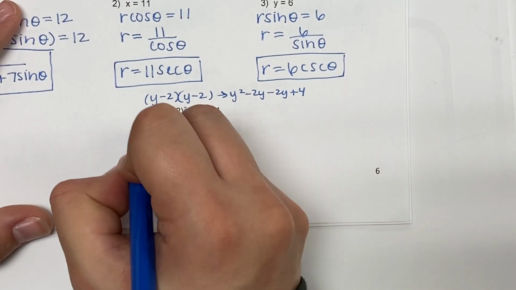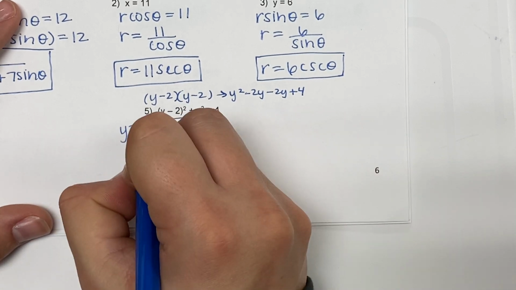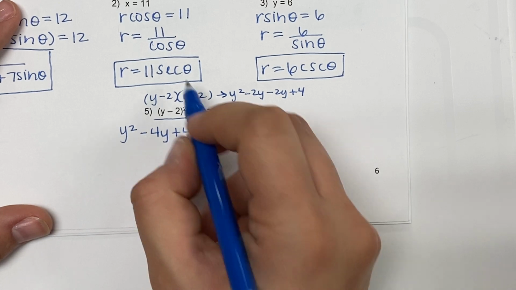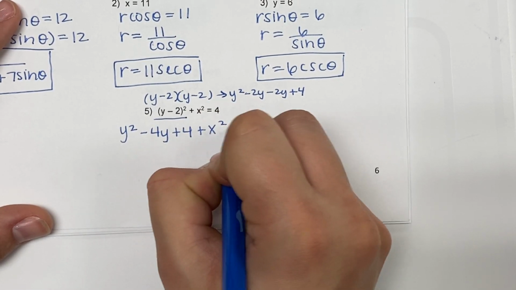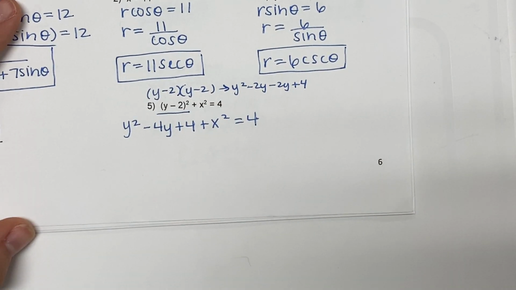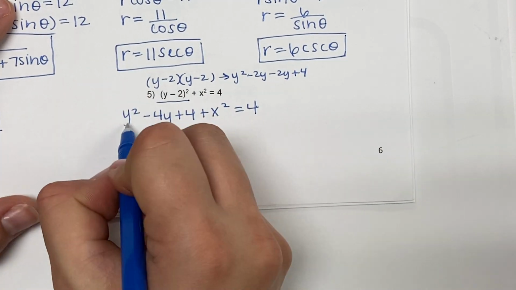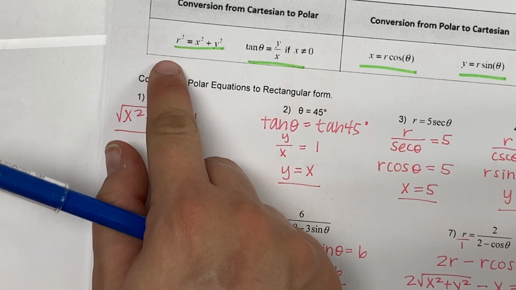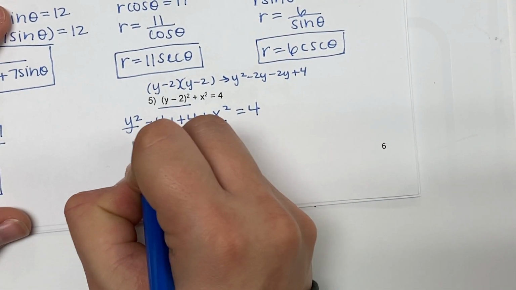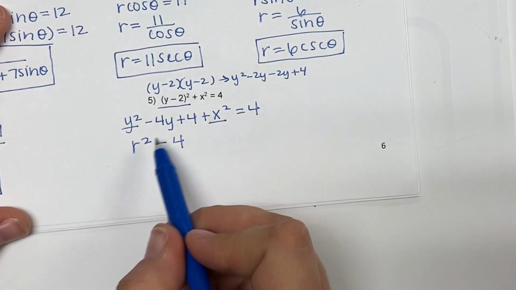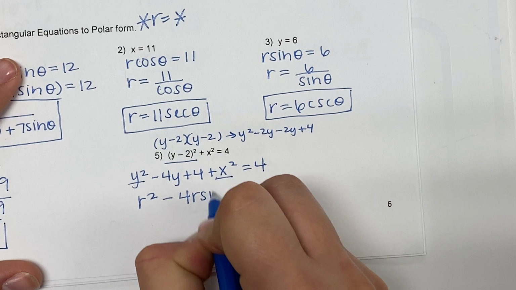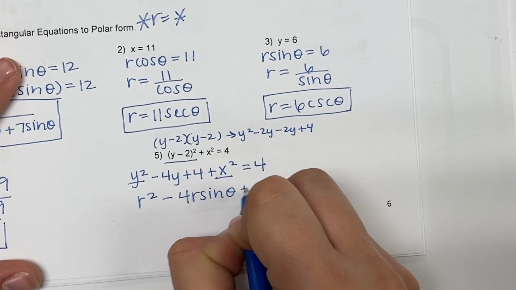Combine the two y's, so this will be y squared minus 4y plus 4. We still have plus x squared equals 4. Okay, so here's my x squared and y squared. That's the r squared minus 4. Instead of y, I want to say r sine theta. And I still have plus 4.